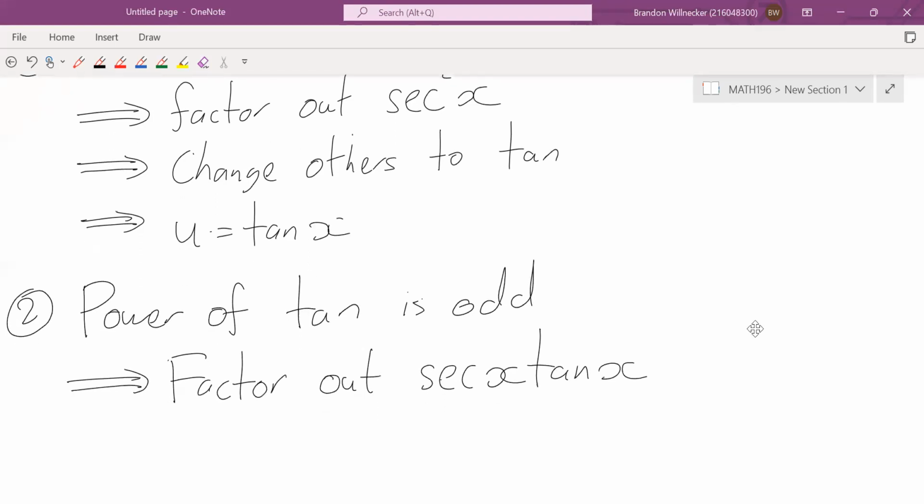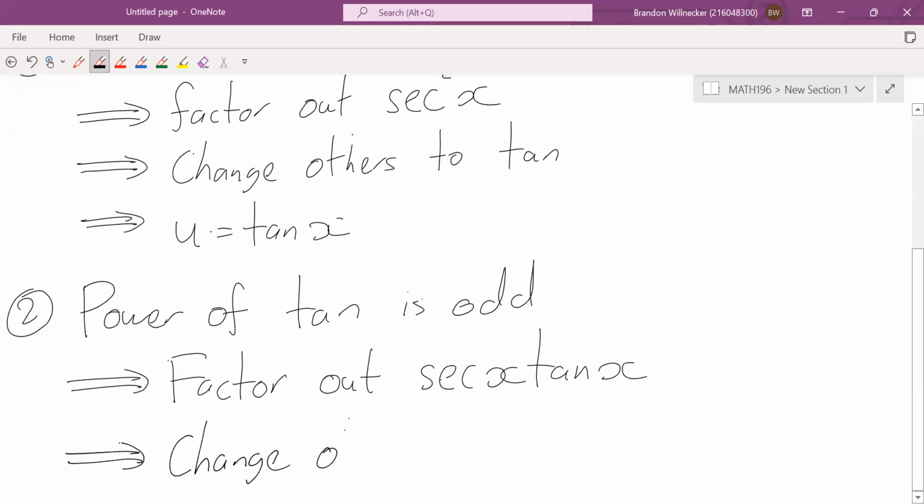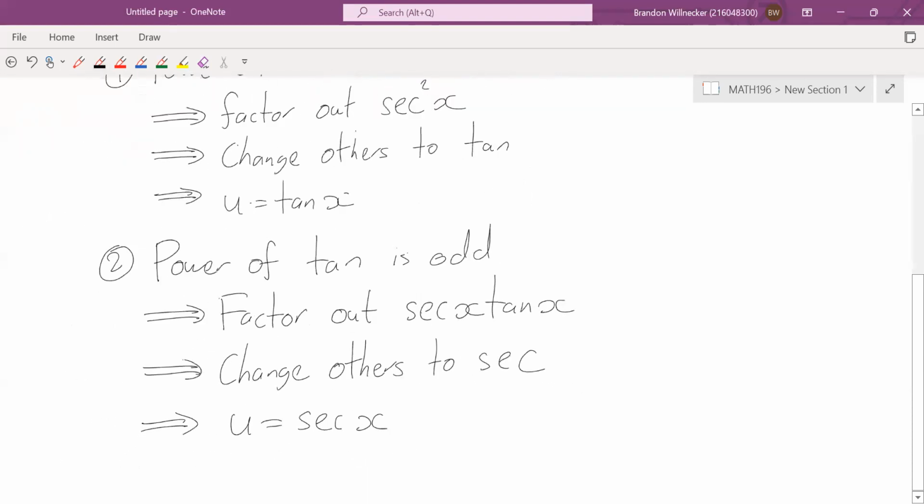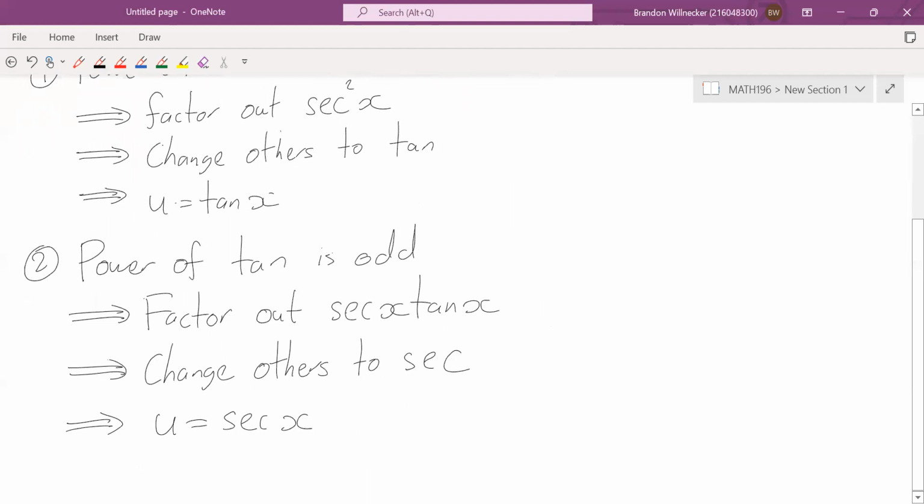Then we change everything else into sec. Once everything else has been changed to sec, we use the U substitution U equals sec x, because the derivative of sec x will give us the sec x tan x that we factored out. So this whole part here will end up being part of the du term.